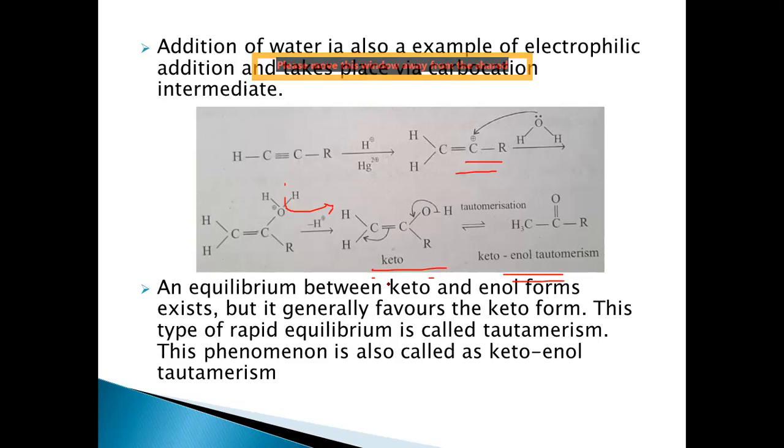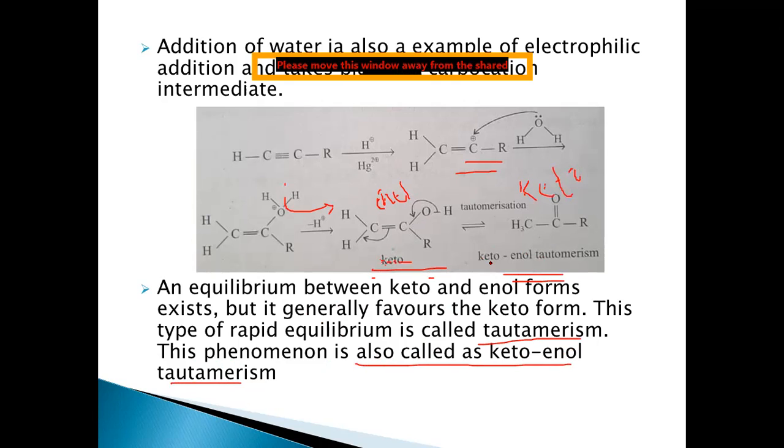This is the enol form, which is in equilibrium with the keto form. This equilibrium is called keto-enol tautomerism, or simply tautomerism.